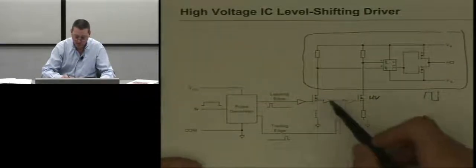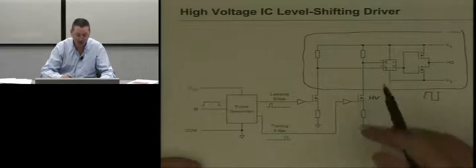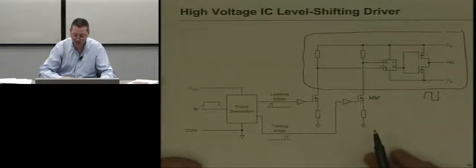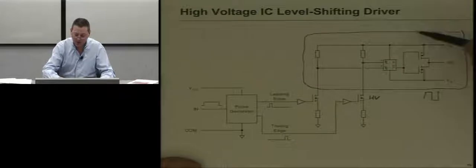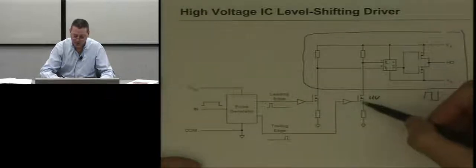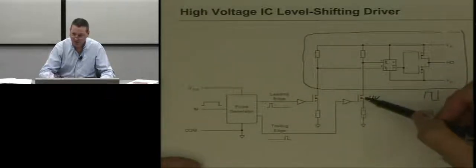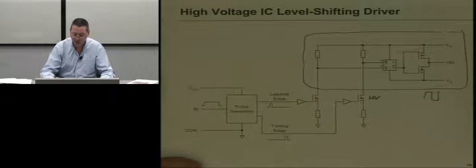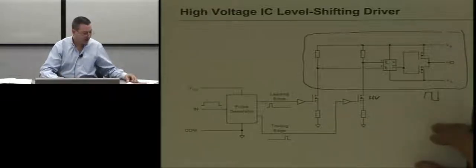So these are 600 or 1200 volt devices, all integrated onto an integrated circuit. And this floating high side chunk is able to very quickly, through these current sources, turn the high side on and off. So you eliminate the delay of the photons.